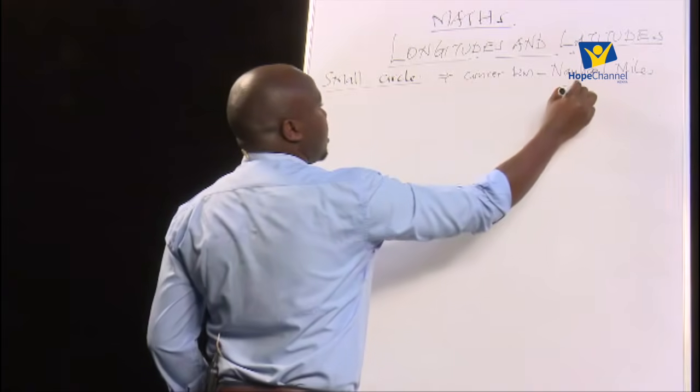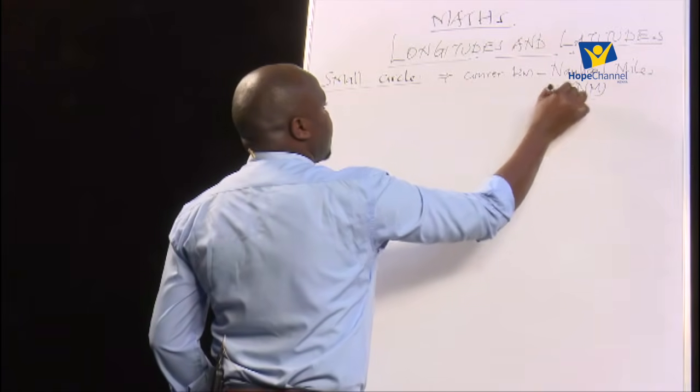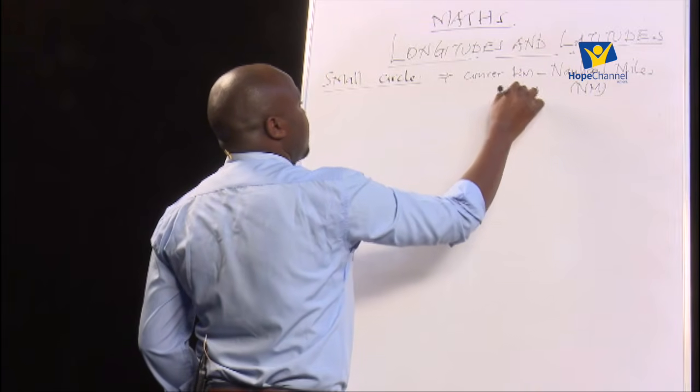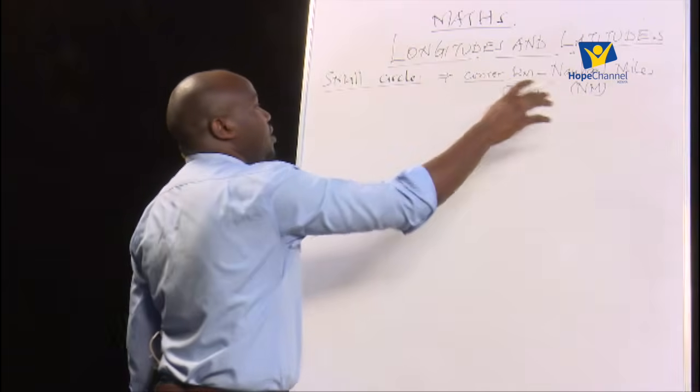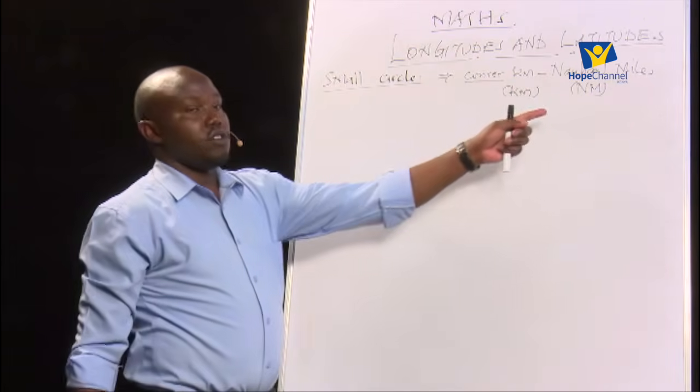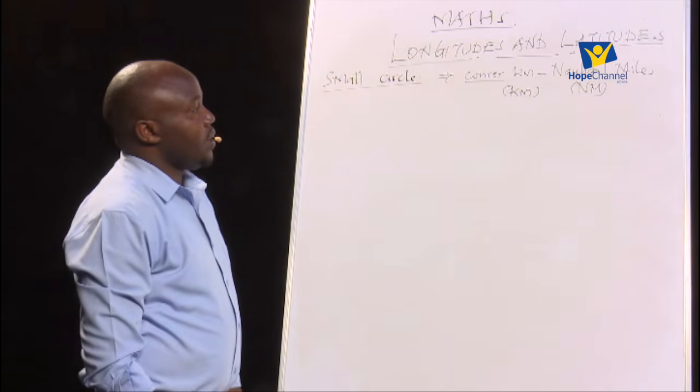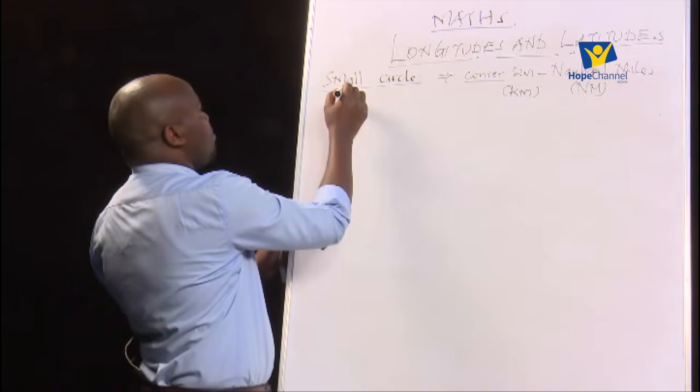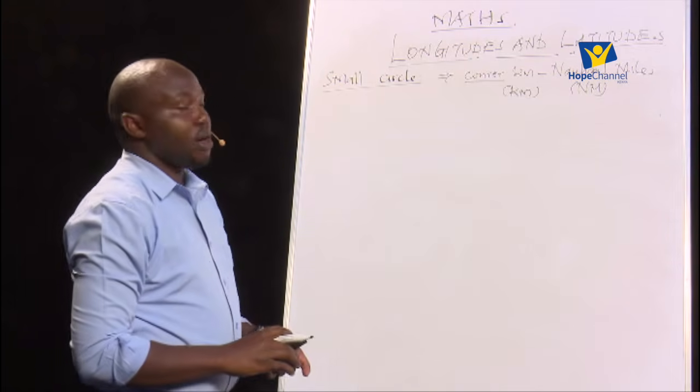Nautical miles can be written as NM, and kilometers is KM. We shall know how to convert kilometers to nautical miles and how to convert nautical miles to kilometers in our next segment. But now let me just give you a glimpse of what a small circle entails.